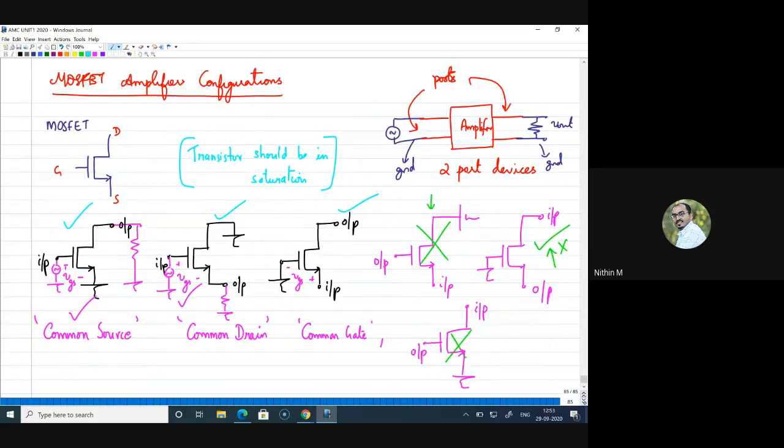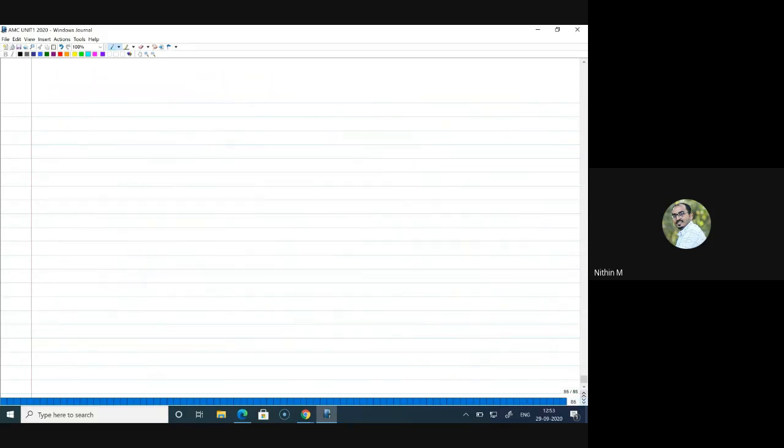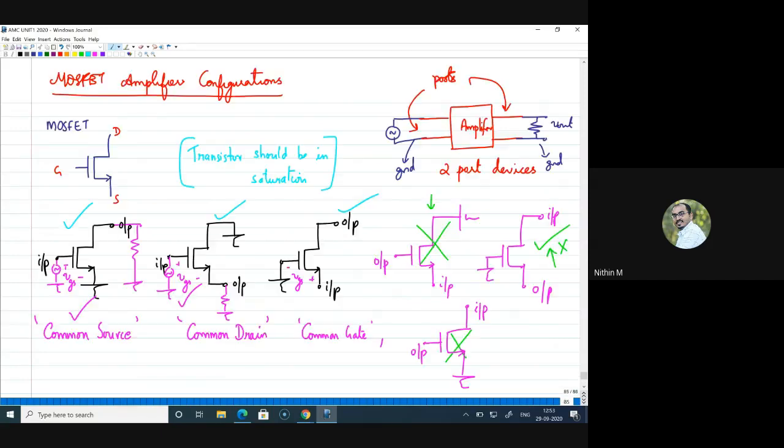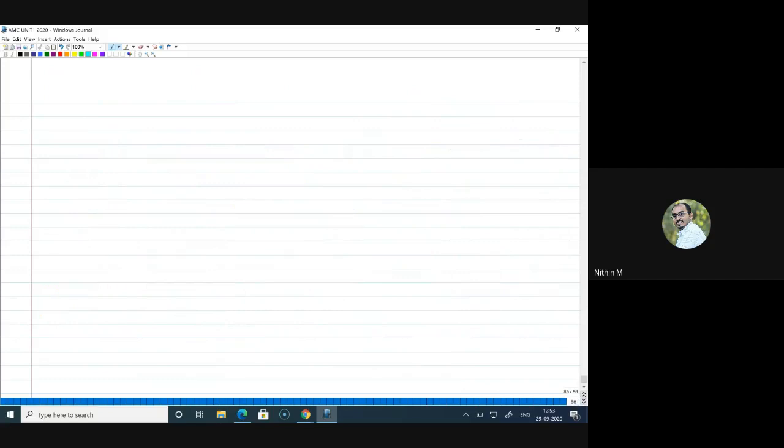Now moving on, we understand that these 3 configurations can be used. Quickly, let me write the 3 amplifier configurations. We are slowly moving to circuits. From the device, after understanding the characteristics and developing models, we are slowly moving to circuits.